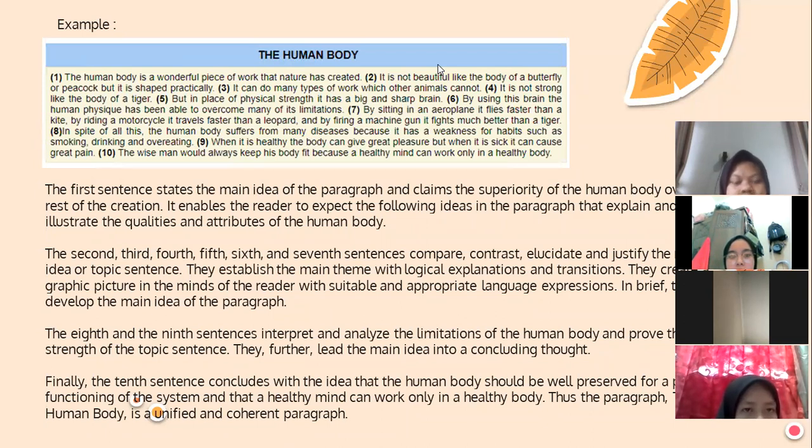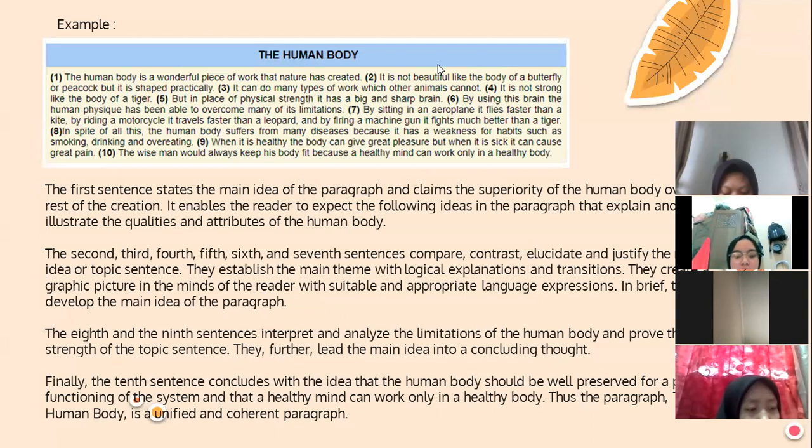It is not strong like the body of a tiger. 5. But in place of physical strength, it has a big and sharp brain. 6. By using this brain, the human species has been able to overcome many of its limitations.